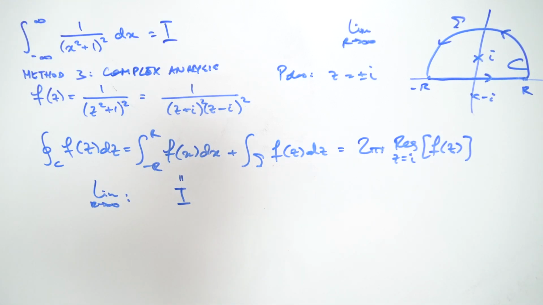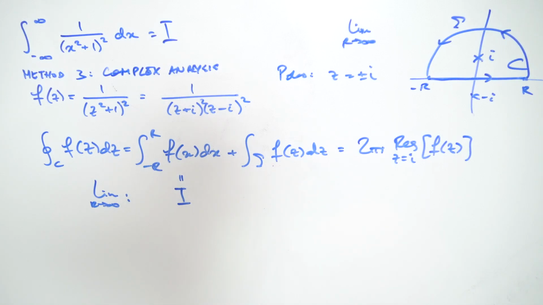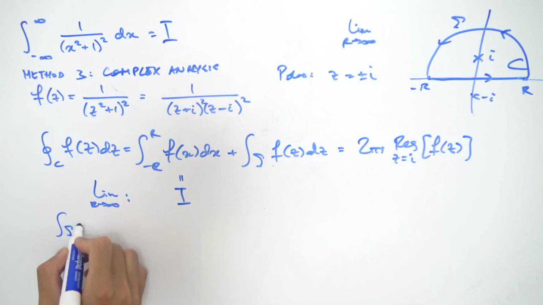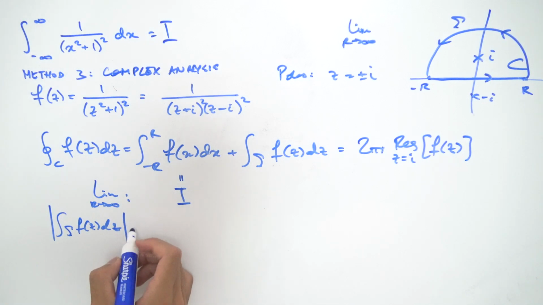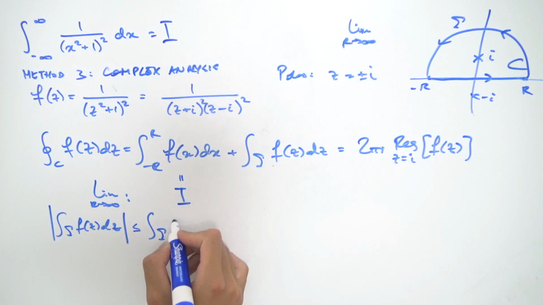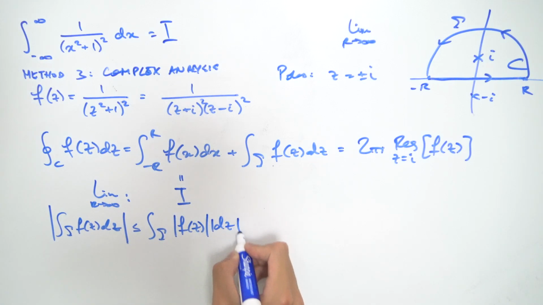We can probably use a quick way to verify that this integral goes to 0 in the limit, maybe using the ML inequality. So the integral over gamma of f of z dz, if we take the absolute value of this, we want to find an upper bound for it. We can say that this is less than or equal to the integral over gamma, absolute value of f of z, absolute value of dz, so just using that integral inequality.